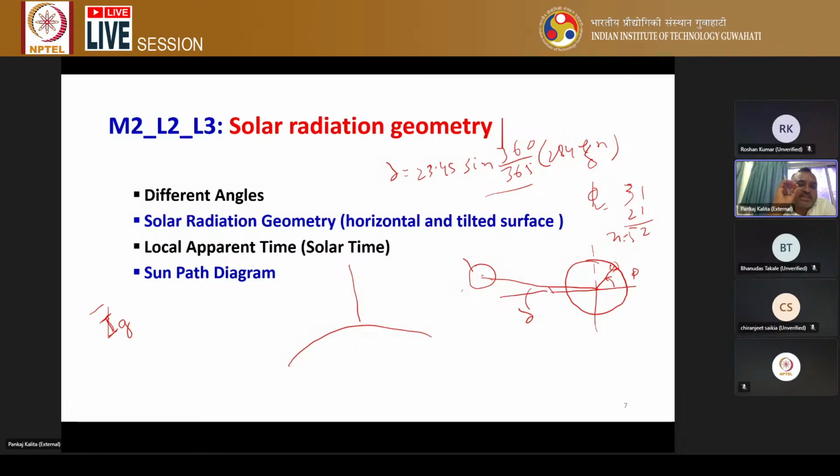That means we don't have to do the radiation calculation for the entire month. For a particular month, only one day is enough, and that day has already been identified. So if we know the n value of the particular month which gives the representative information, then that will give you the average values of the particular month.